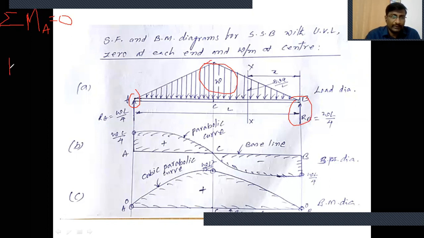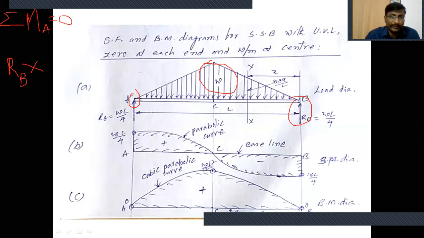RB into, moment means force into perpendicular distance. Perpendicular distance to what extent? The distance from the force to the point of moment.